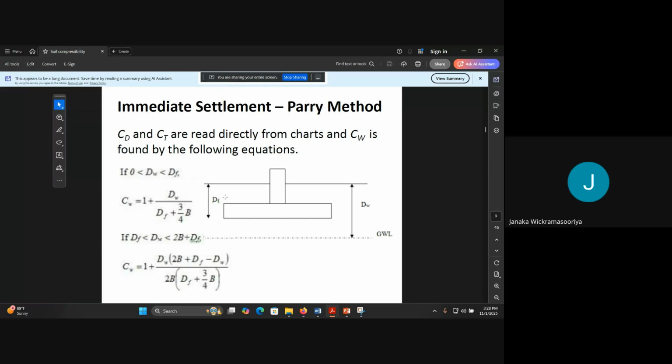If you know these values, then you can apply them here and find CW. Depending on the water table position, you can use either this equation or this one. If the water table is between 0 and dF, you can use this equation. If it is well below, then you can use this equation to determine CW.